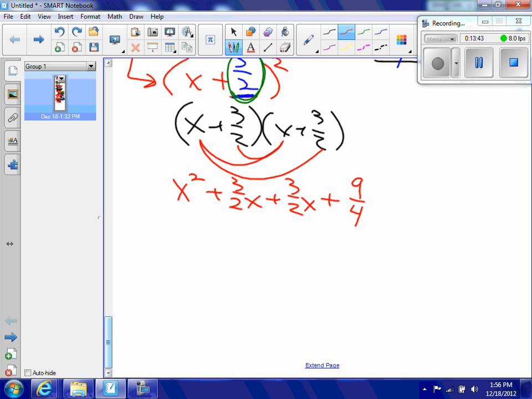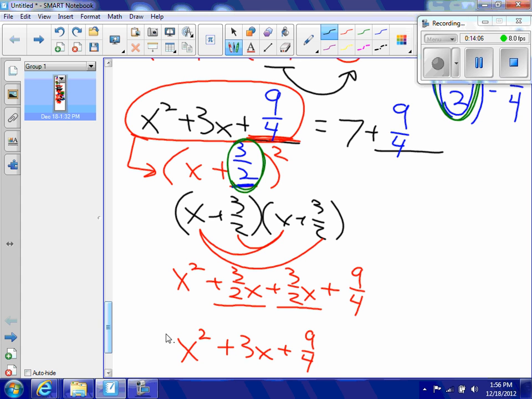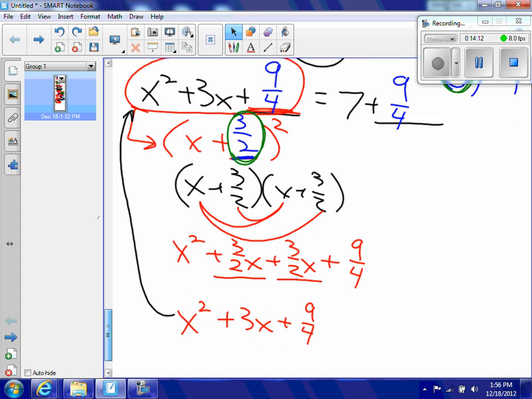And always and forever, you've done plus, because you've squared it. You've got 3 halves x plus 3 halves x. I'm adding those two together, I am doubling it. So I am at x squared plus 3x plus 9/4. Once again, that's the same thing that I had right up here when I was starting out to complete the square.